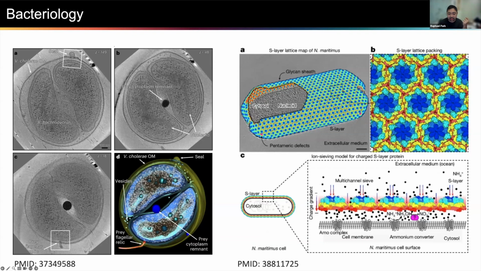You can imagine this brown membrane and then the bacteria that's inside. These are two different bacteria, but one invades the other. They hide and live a parasitic life inside another bacteria. This is very interesting biology that cryo-ET was uniquely suited to study.